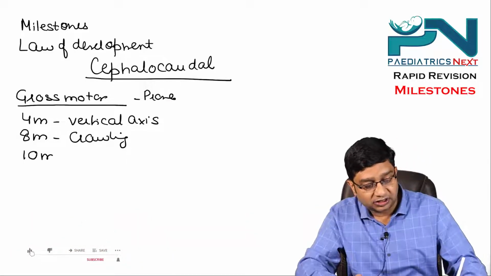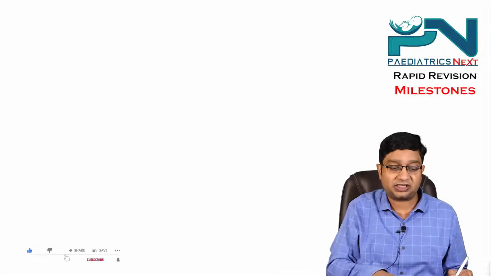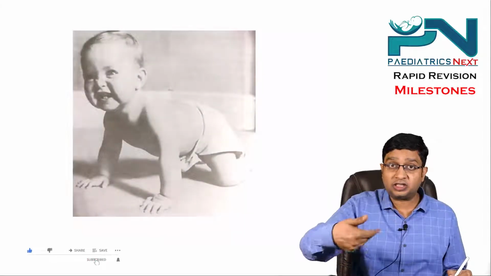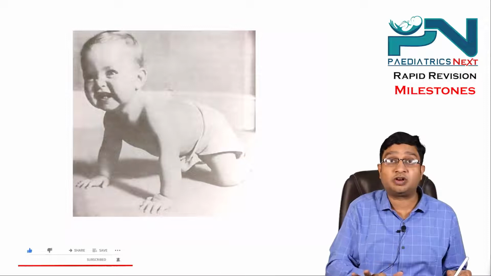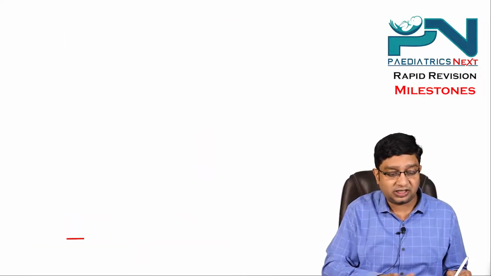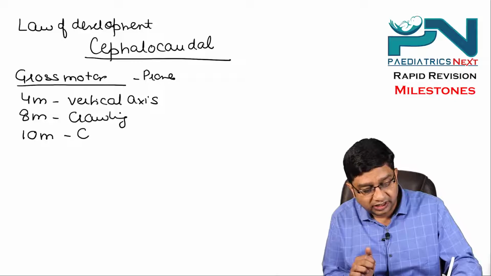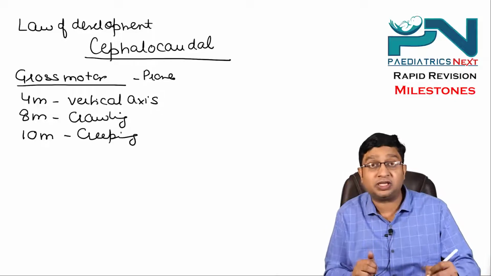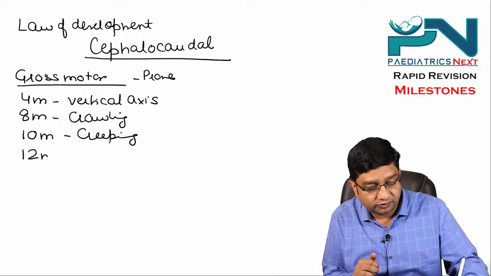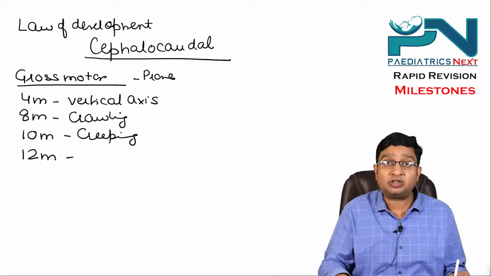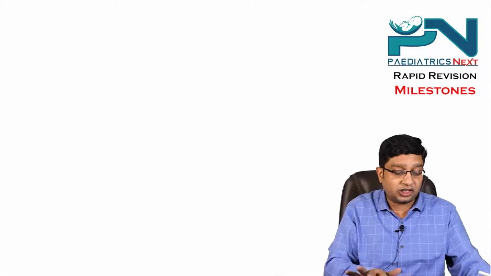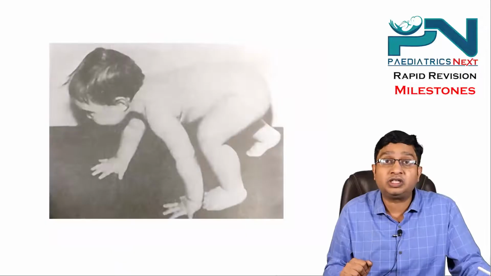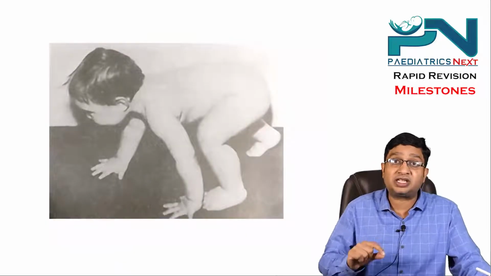Then is the 10th month. Now at the 10th month what will happen? If you see here, not only the chest is lifted, the abdomen is also lifted, and this is what we call creeping. So creeping is there at the age of 10 months. At the age of 12 months, the child is walking on extended arms and extended legs.